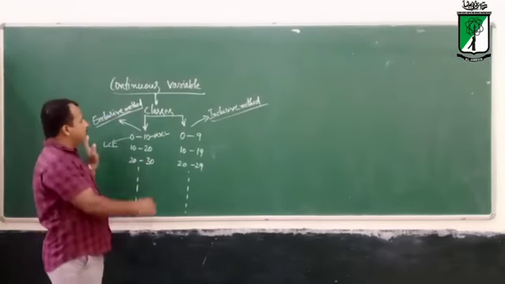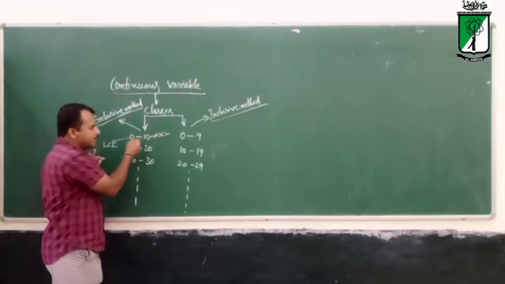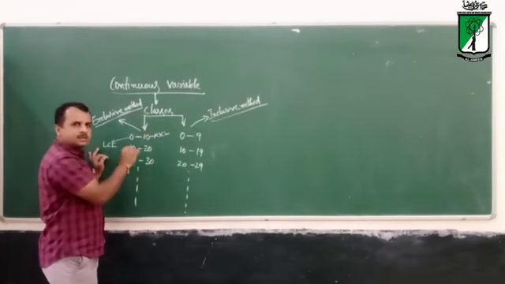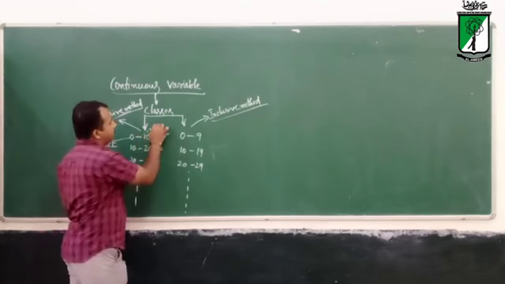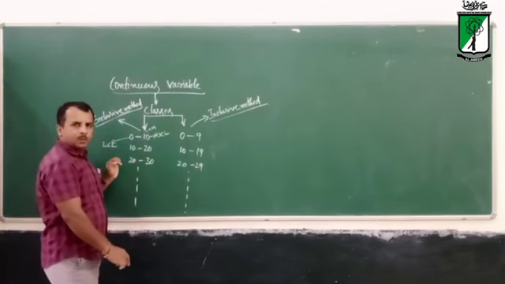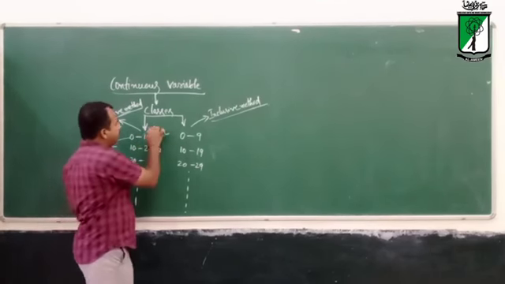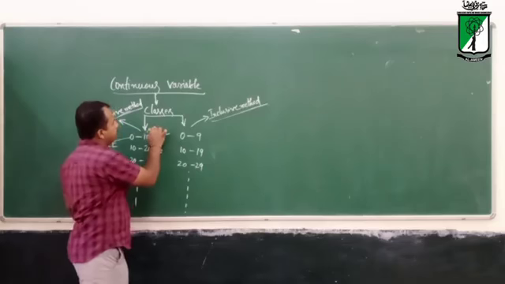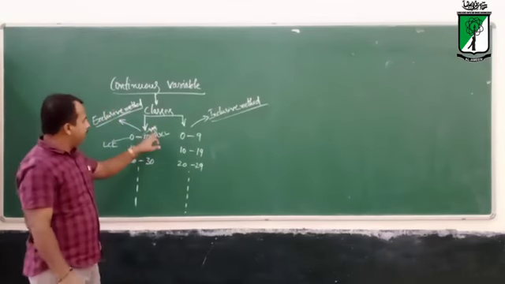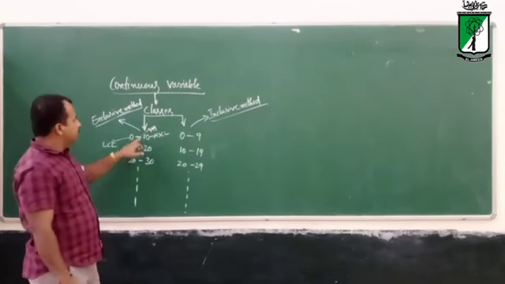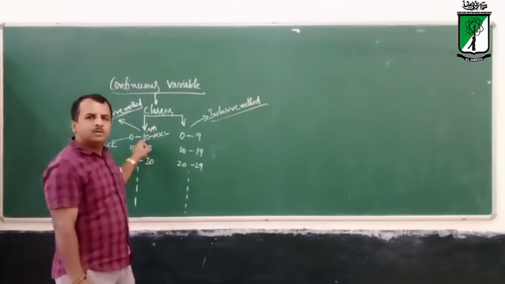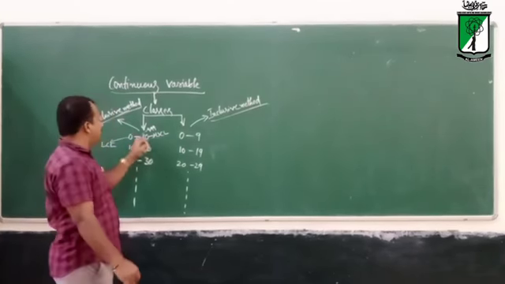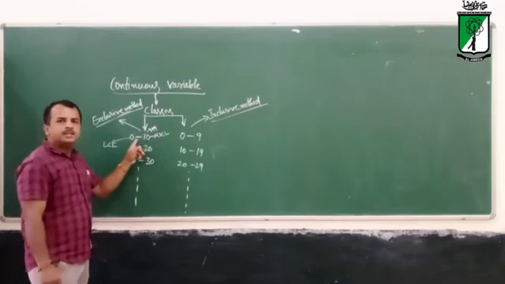That means if you are considering any frequency in this class, we will consider up to 9.99, not exactly 10. If the observation is exactly 10, then that observation will not be counted in this class.